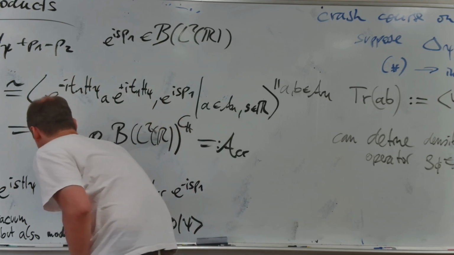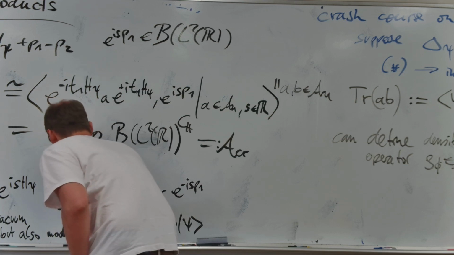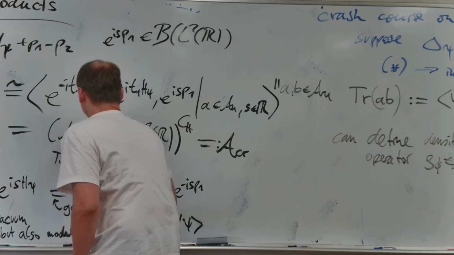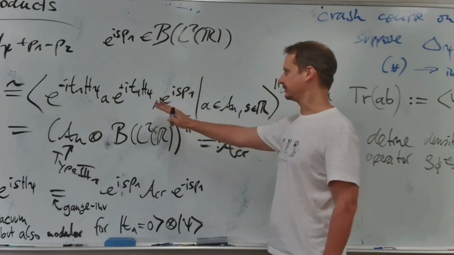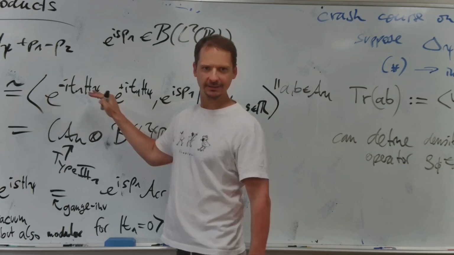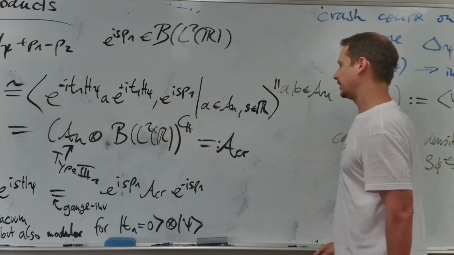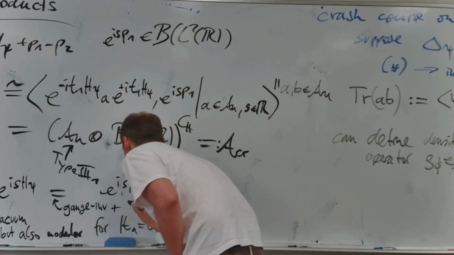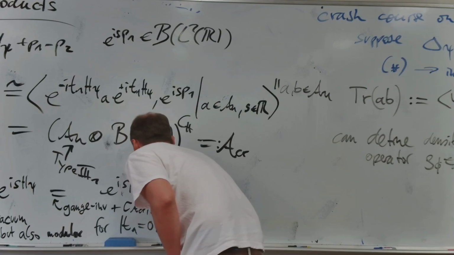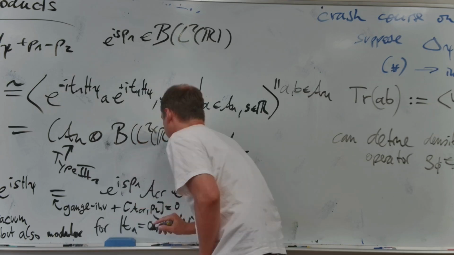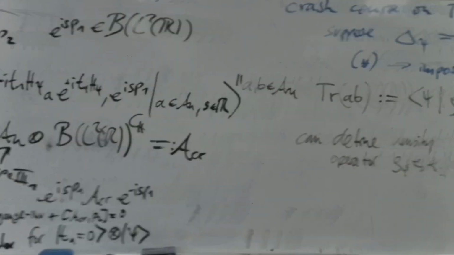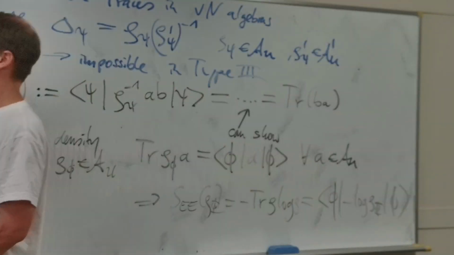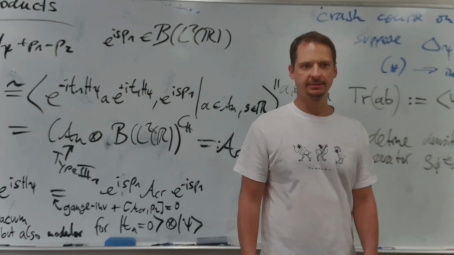So this here is gauge invariance, and by construction you should know now that this is gauge invariant. Plus that A crossed and P2 commute, because A crossed has no support on the Hilbert space on which this one is defined.